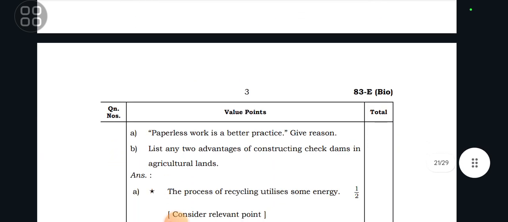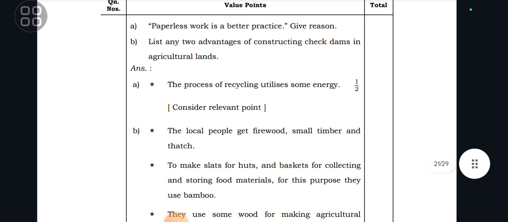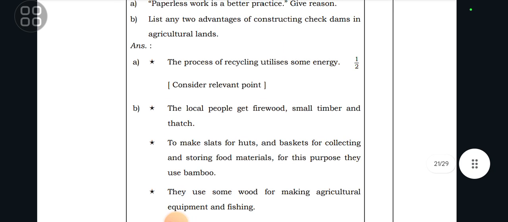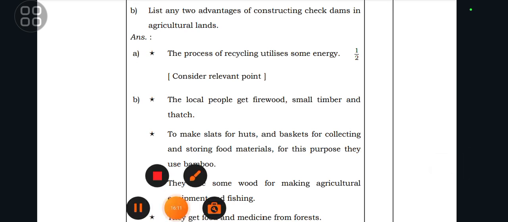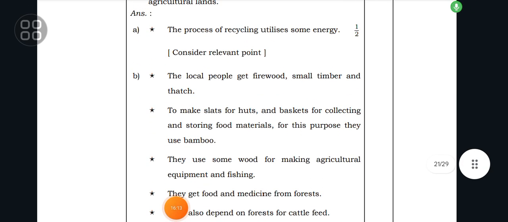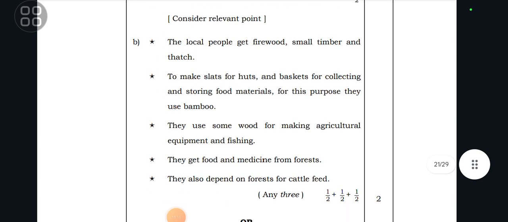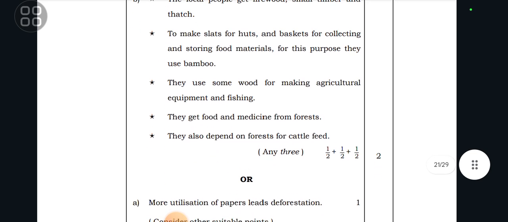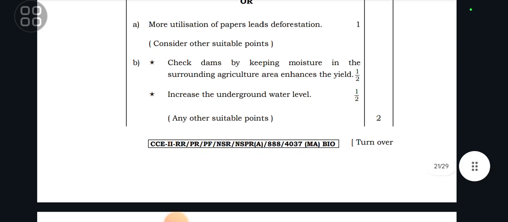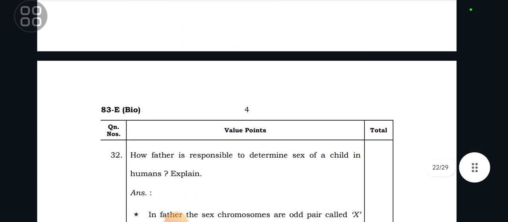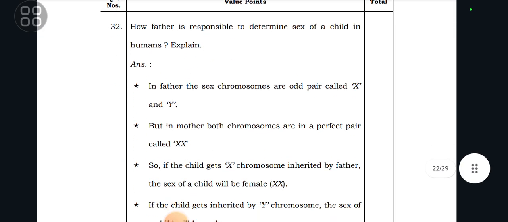I'll just scroll it. You have to read it or note it down. See how they are written, how the key points are necessary while writing any question. Mentioning the key points is very important.